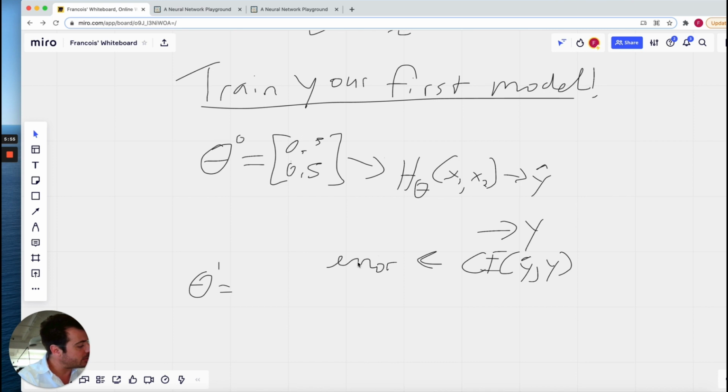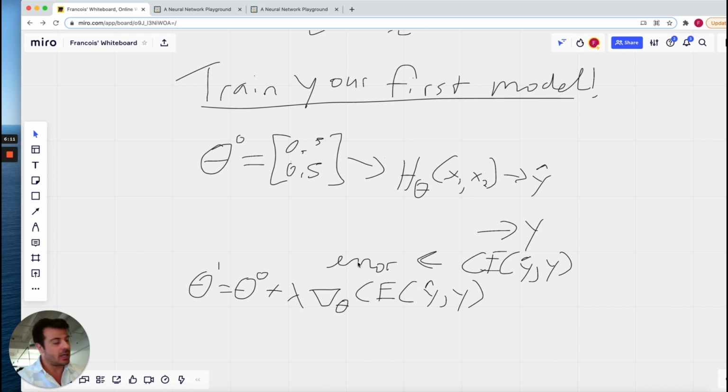That's going to be theta 0 plus lambda, minus lambda, doesn't matter, of cross entropy of y hat and y. I update my theta, and then I try it again. And I just keep doing that.